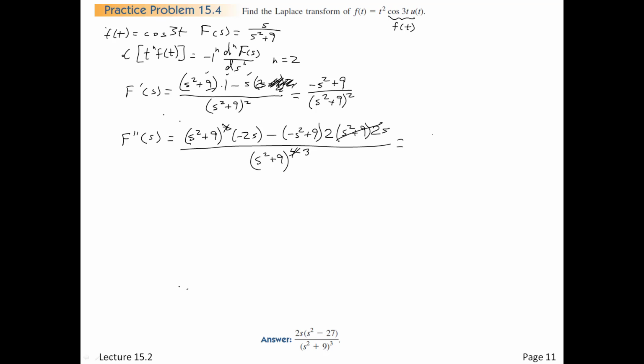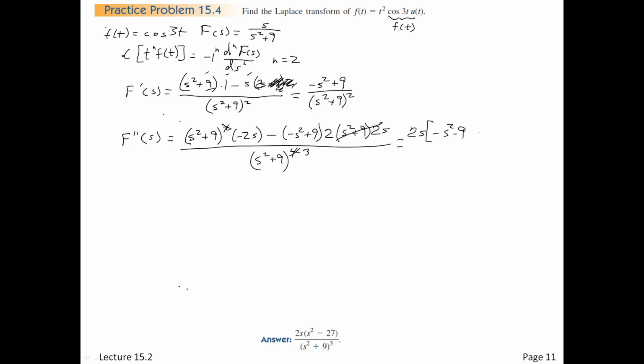So let's do this. What have I got here? I got a 2s and a 2s and a minus 2s. Maybe I'll just pull the 2s out and see what happens. 2s times, what have I got? 2s times minus s squared minus 9.